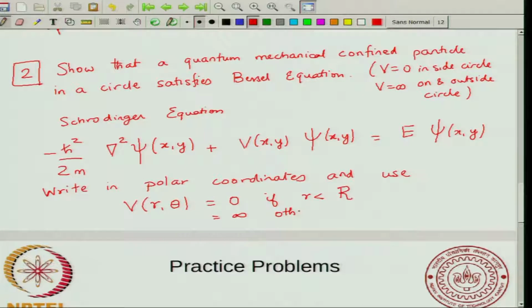So, if r is greater than that radius, then it goes to infinity.